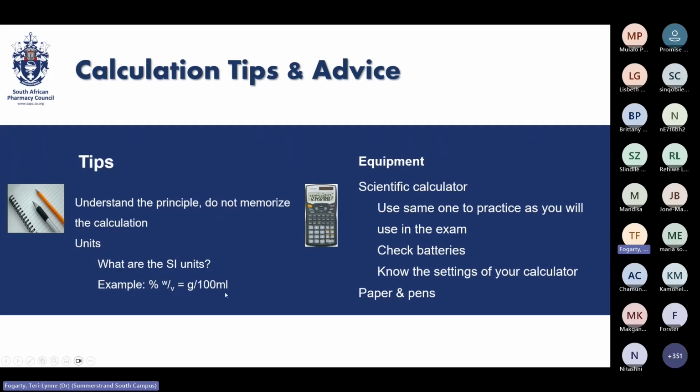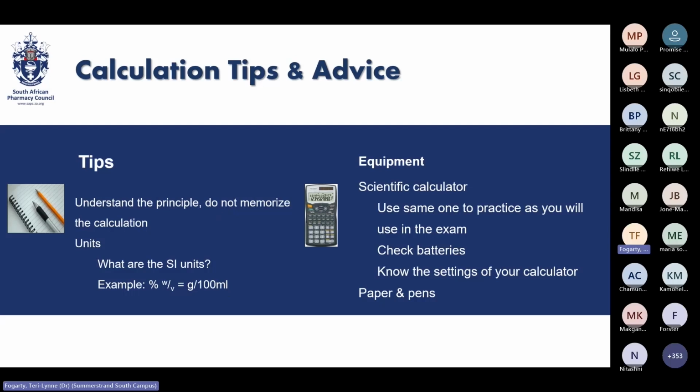If you see a percent, then you know that you're dealing with 100 milliliters. And if it's a W over V, we're referring to a weight and a volume. So if this is 1% weight per volume, it's 1 gram in 100 milliliters.